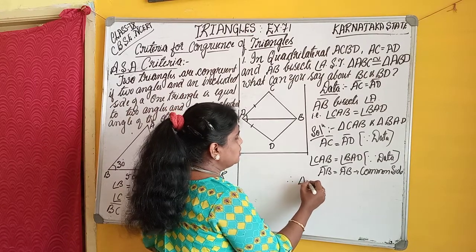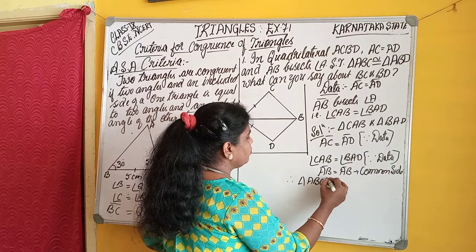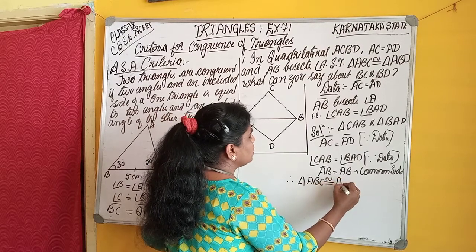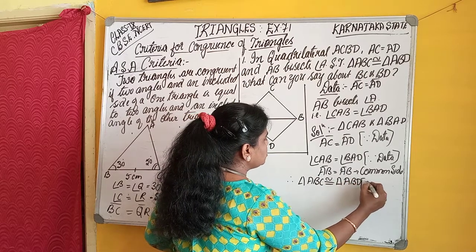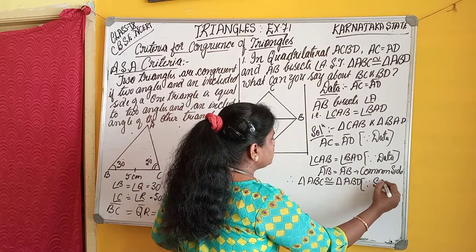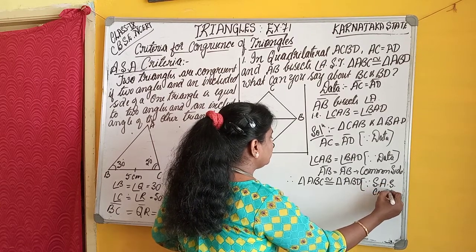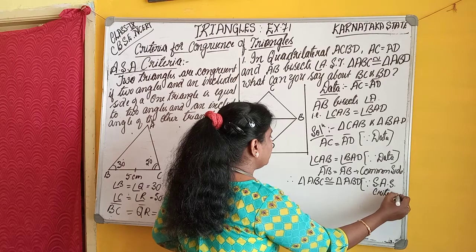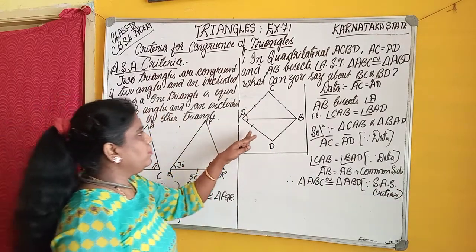Therefore, triangle ABC is congruent to triangle ABD. The reason is SAS criteria.